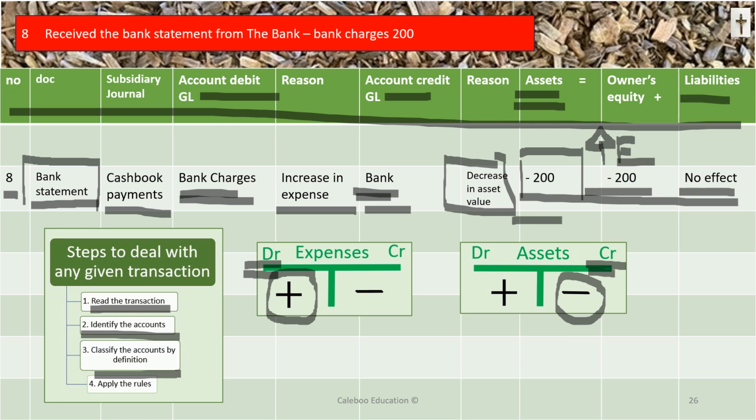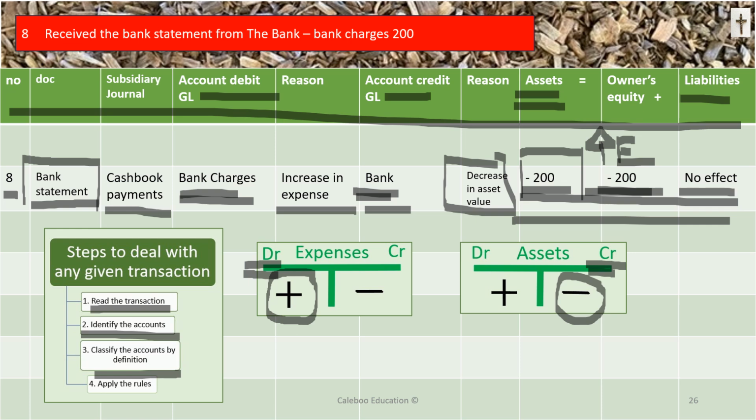And the left hand side of the equation is equal to the right hand side, because there was minus 200 on the left hand side and minus 200 on the right hand side. So this was the 8th transaction in this lesson, bank charges.